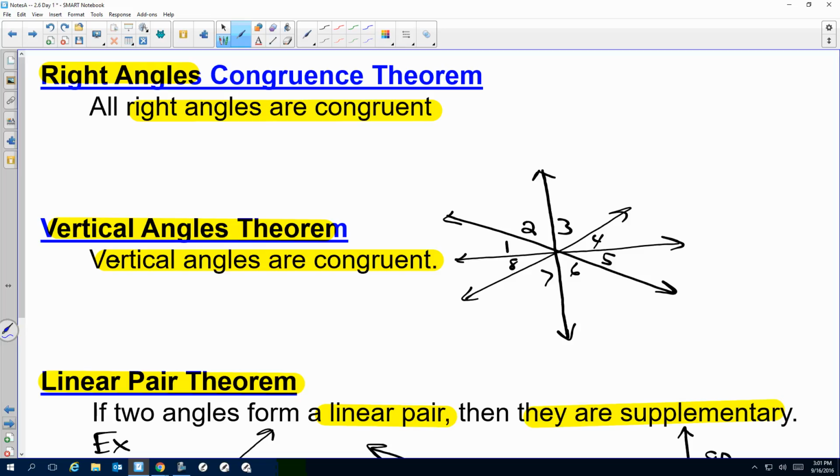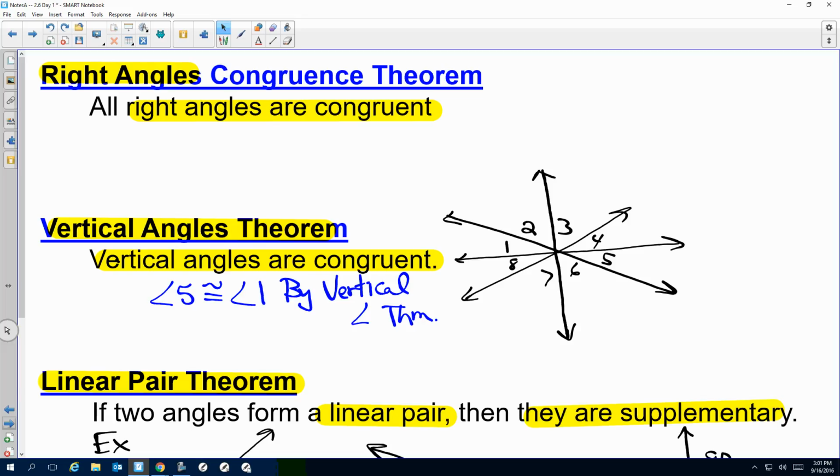So the vertical angle theorem states that we're going to write angle 5 is congruent to angle 1 by vertical angle theorem. And I'm just going to abbreviate that. You're going to start getting a habit of justifying your step or your statement, especially your congruency statement, using a theorem or postulate.